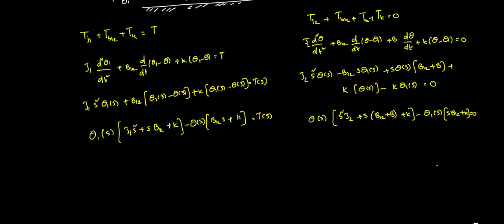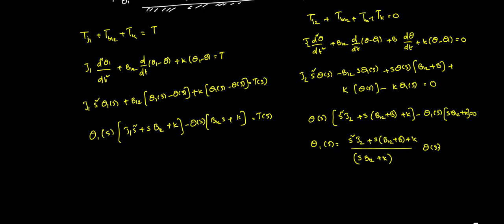Now theta 1 of s is equal to s square J2 plus s into B12 plus B plus K, divided by s into B12 plus K, into theta of s.